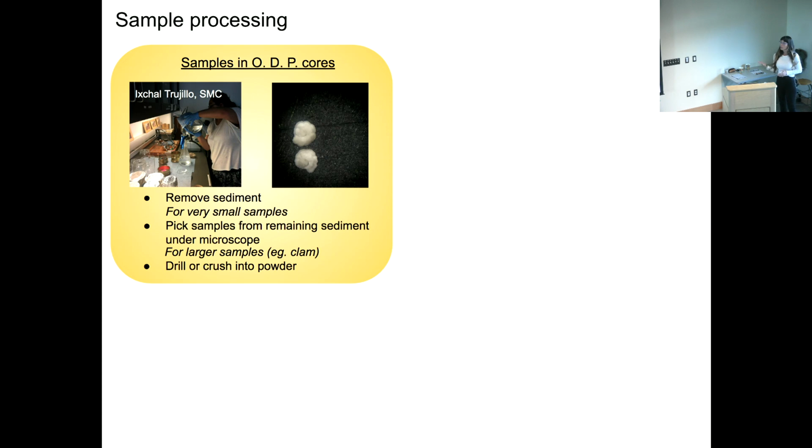And if you're looking for foraminifera, which is there, that's a picture from under a microscope, you want to put your sample under a microscope and actually take tweezers and painstakingly select the specific foraminifera that you want from these samples. If you have a larger sample, it needs to be drilled or crushed into a powder before we can analyze it.